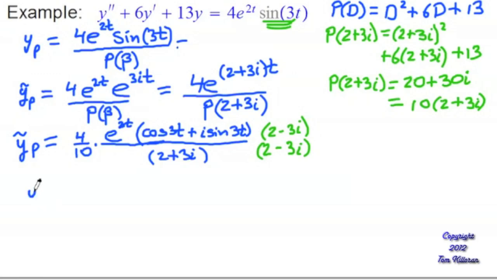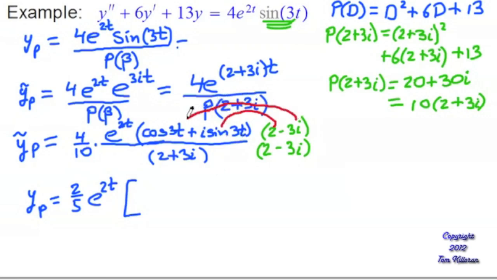So if I want the i part, then this 2/5 e to the 2t is not going to change. If I'm looking for the i part, it's going to be this 2 times i sine of 3t, and this 3i times the cosine of 3t.